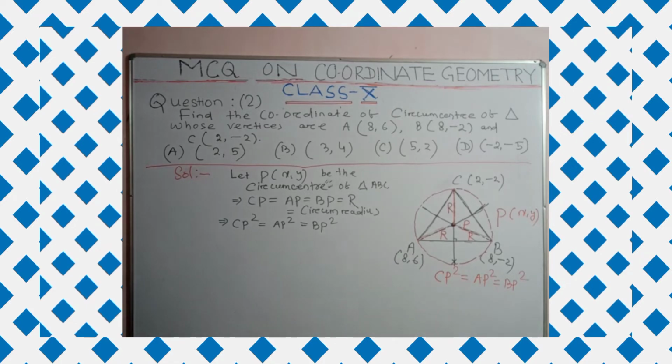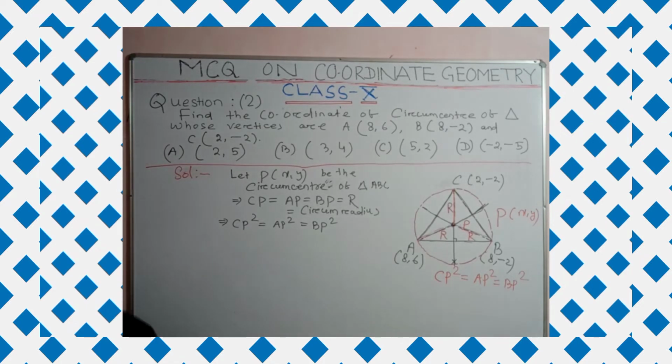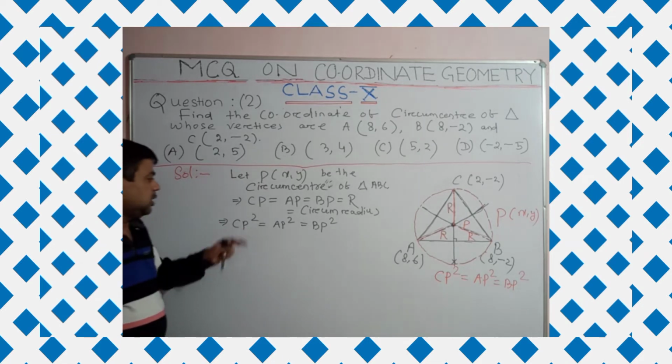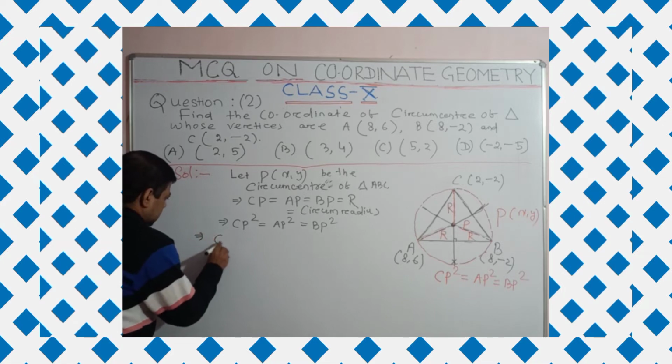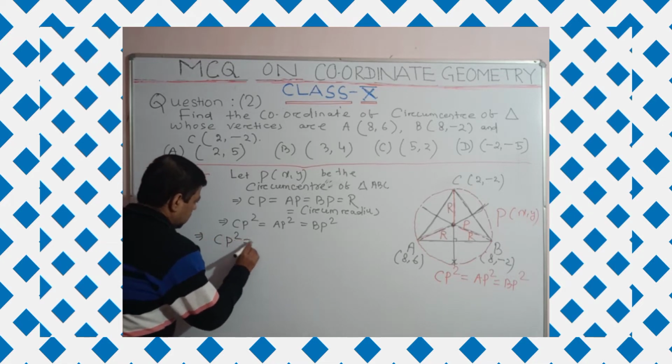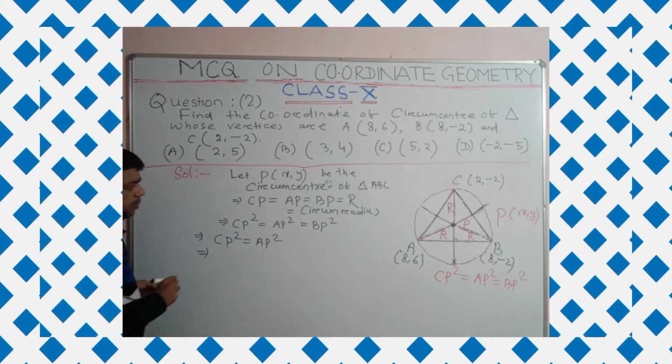Now let's see. Can you equate CP square equal to AP square? Yes. So CP square is equal to AP square. Here we use the distance formula. What is the distance formula?